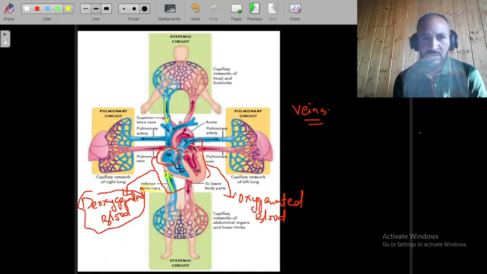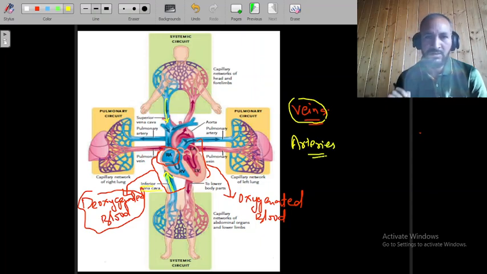Now, I told you that veins bring blood to the heart, and arteries take blood away from the heart. Now, this blood contains very little oxygen, so it should pick up oxygen somewhere so that it becomes rich in oxygen.